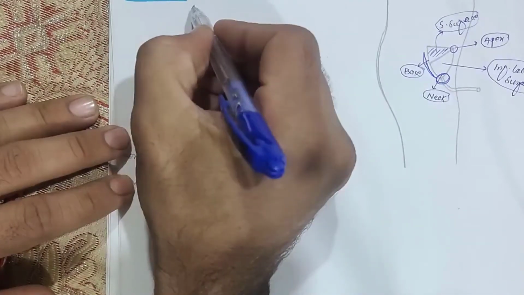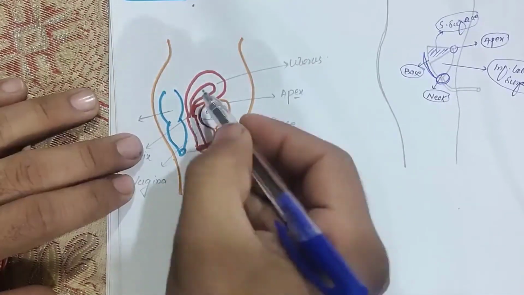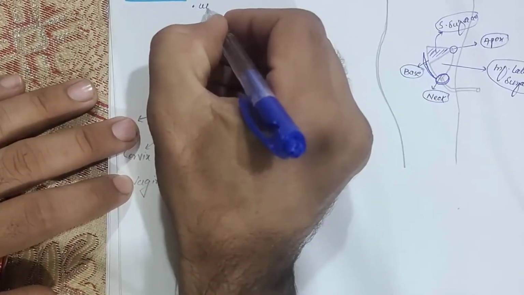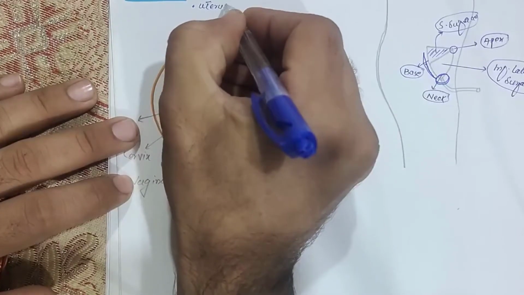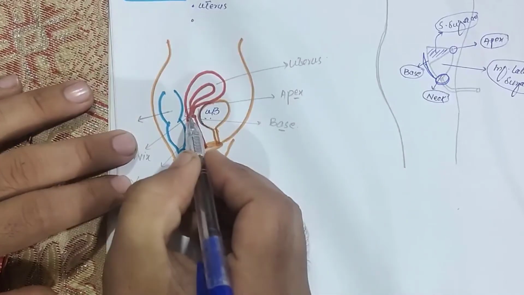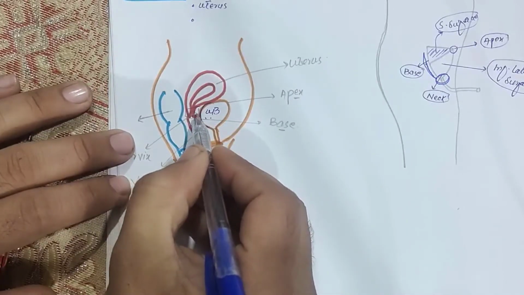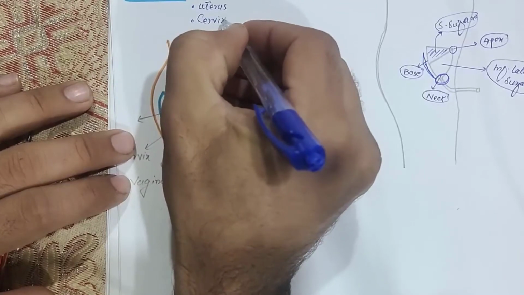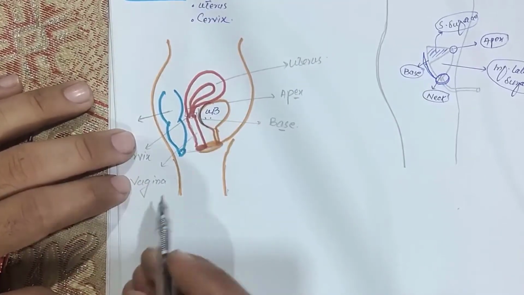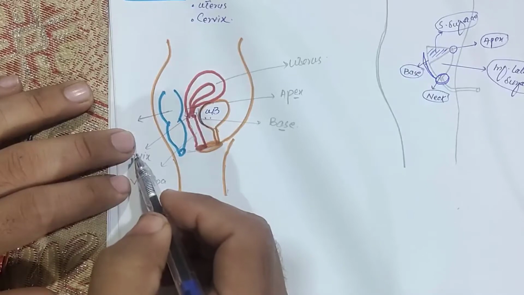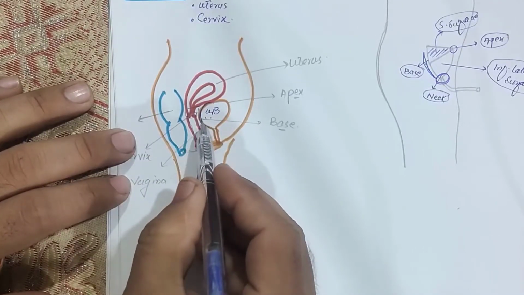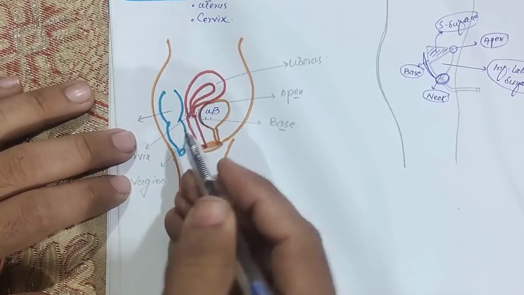Very easily. First of all, there is the lower part of the uterus, right? There is uterus, we know. Then there is the cervix part of the uterus. There is cervix, right? From the diagram you can easily know this is the cervix. And what is the next structure in the posterior relations of the urinary bladder of female?